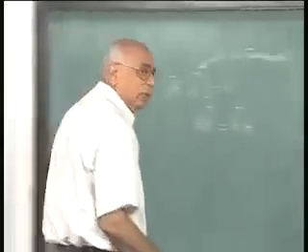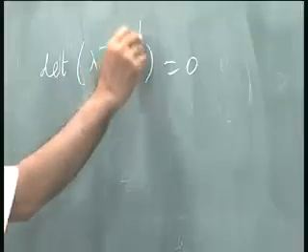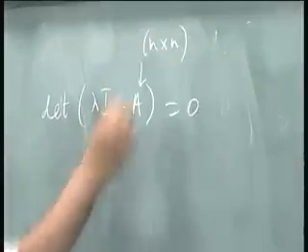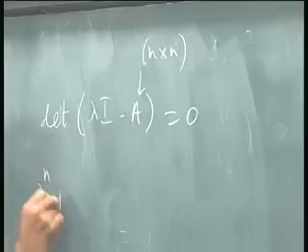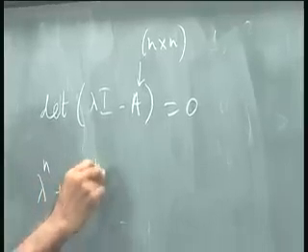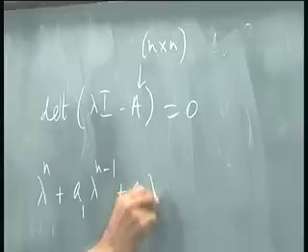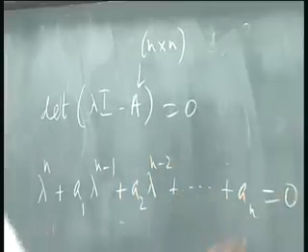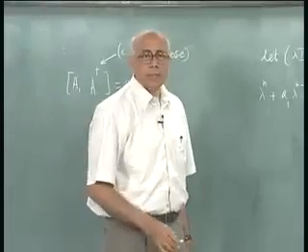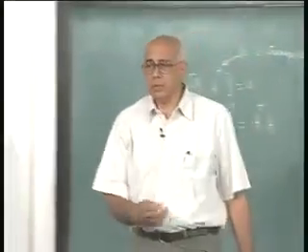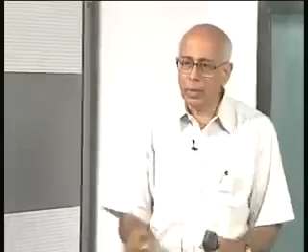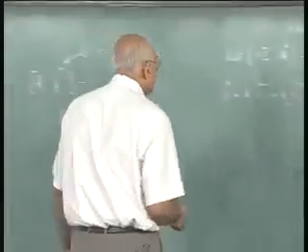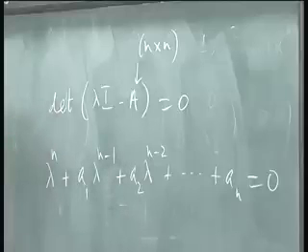And this equation looks like, in general, if this is an n by n matrix, lambda to the power n plus A1 lambda to the n minus 1 plus A2 lambda to the n minus 2 and so on, plus An equal to 0. That is the secular equation. The constants A1, A2, A3 are determined from the elements of the matrix A. And the Cayley-Hamilton theorem says that the matrix A itself satisfies this equation.